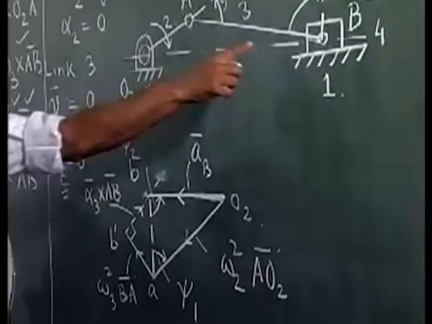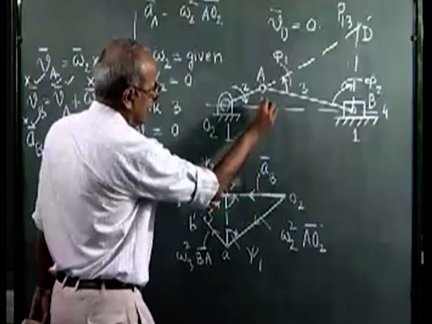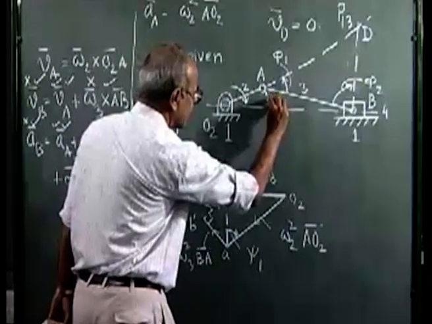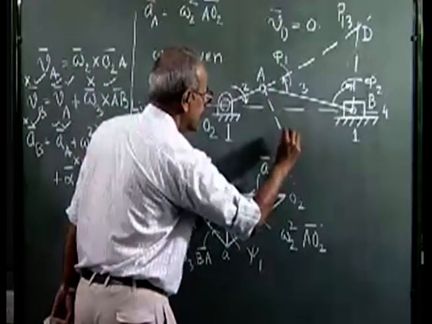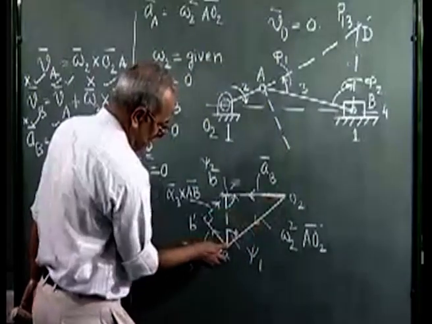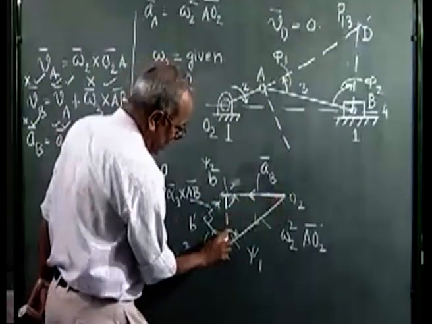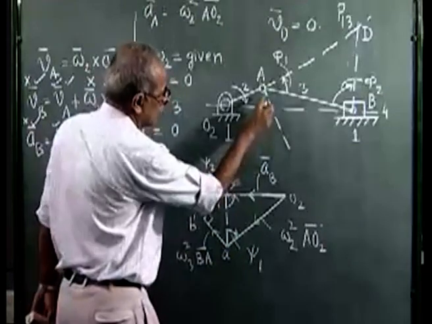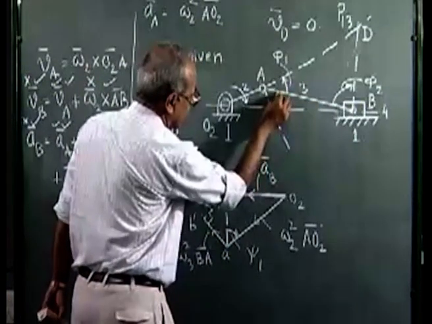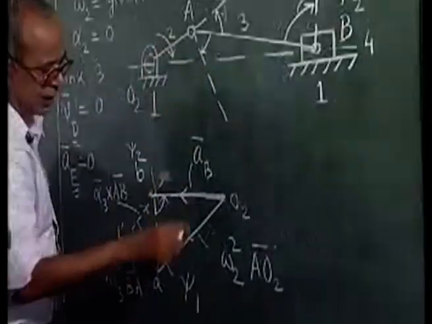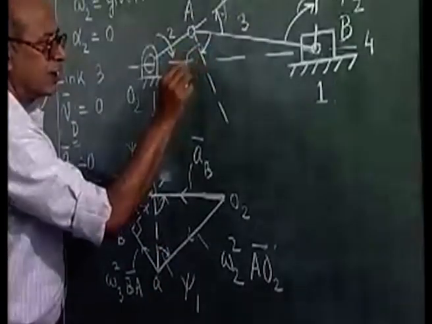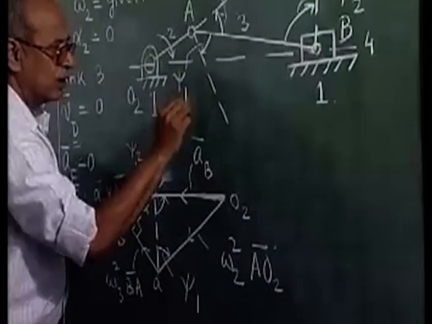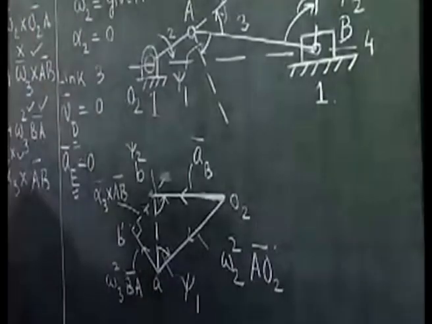So at A, I draw a line at an angle psi 1 with AB. With AB, the point O2 is at an angle psi 1 at A. So with AB, I draw an angle in the clockwise direction, psi 1. So E must lie on this line.